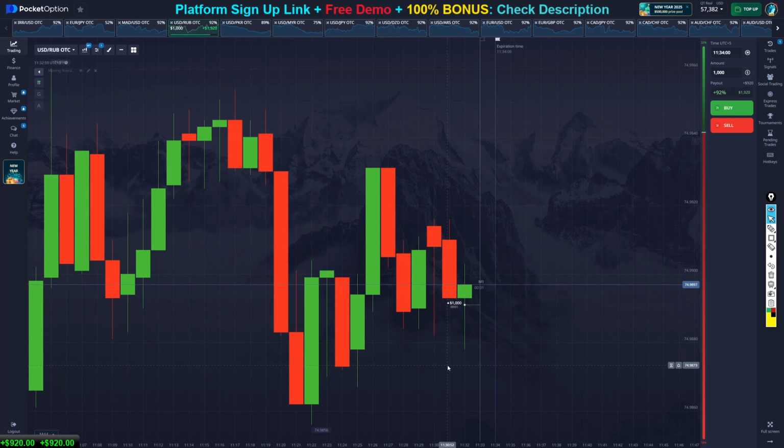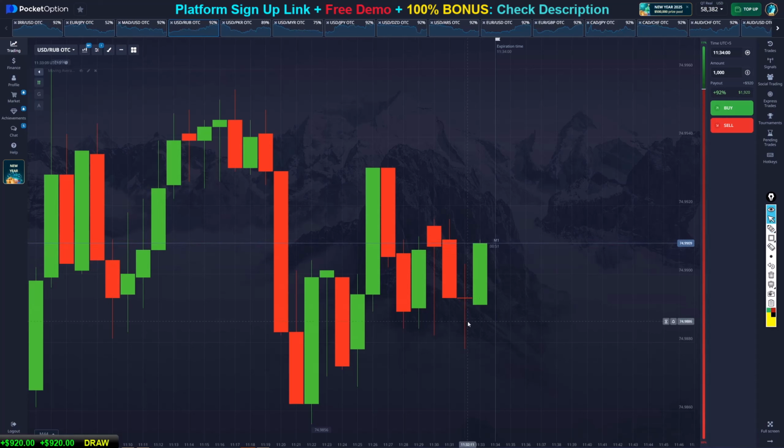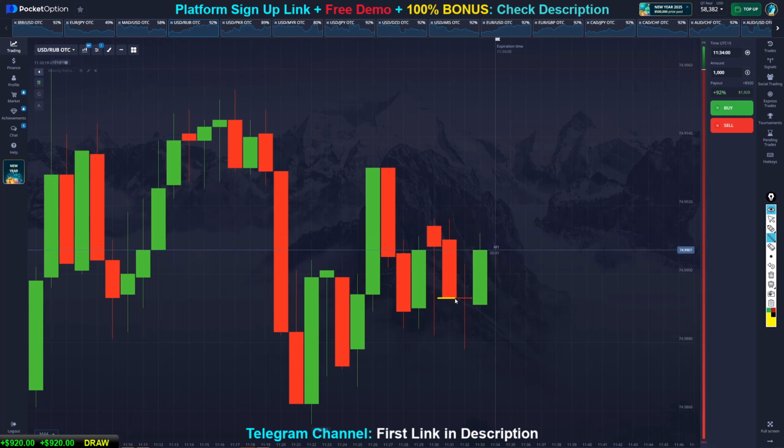Based on the previous two candles, okay, it was a draw. It was a draw because of this gap. If there wasn't a gap down, I would win this trade. Because based on the previous two candles, I didn't see any strength on this candle for sellers, because there's no lower low compared to previous low, and it's higher high.